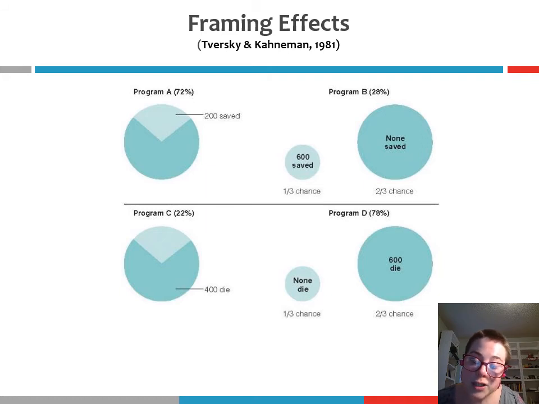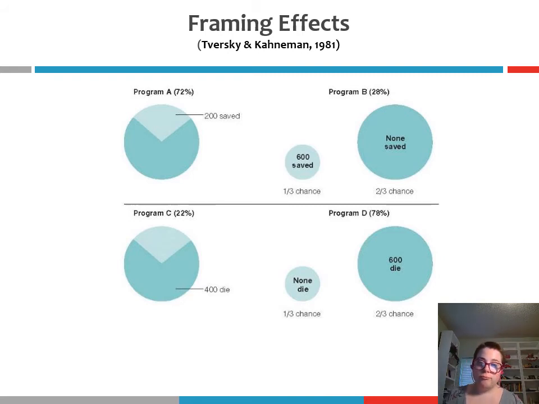But we're willing to avoid losses at all costs, right? And in that case, we don't want the certain option. We want to do everything we can to avoid the possibility of a loss. So we're going to take the risk-taking strategy in an effort to avoid the potential for loss.